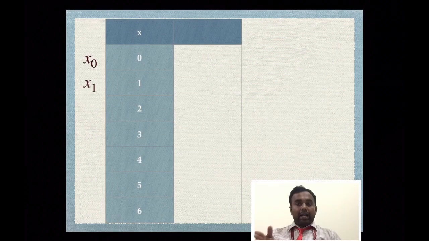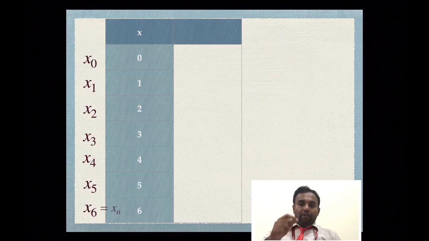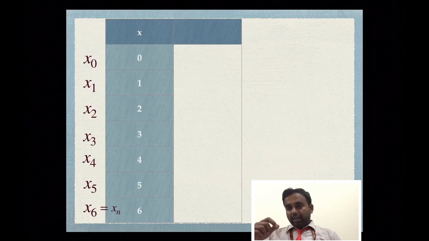Keep this in mind: we know that x naught is 0, x1 is 1, x2 is 2, x3 is 3, x4 is 4, x5 is 5, and x6 is 6. Now one thing is clearly visible.